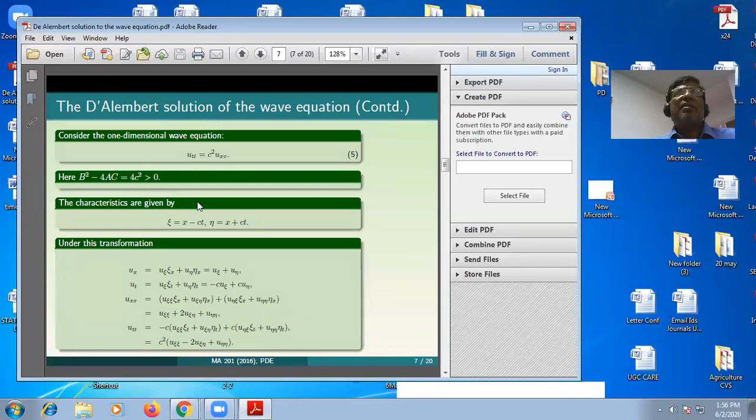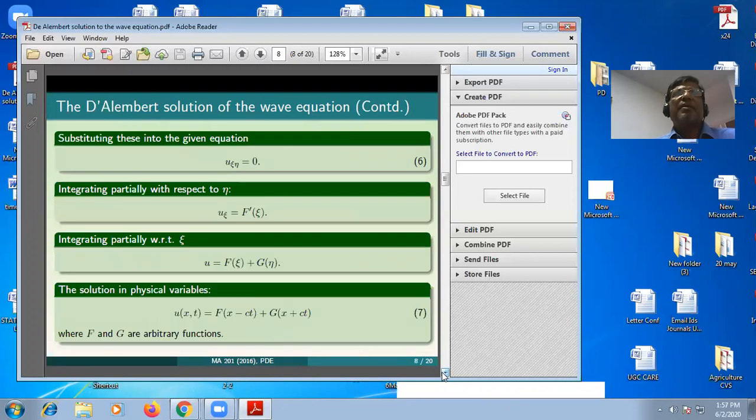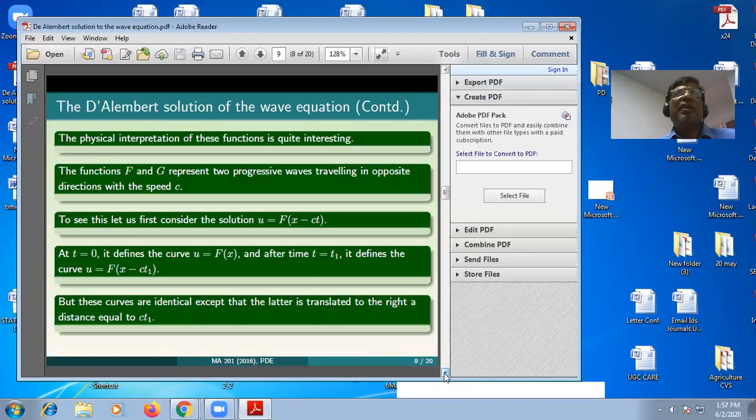The characteristics are given by this result. Under this transformation, we can find this, and substituting these into the given equation, you can find, and integrating partially with respect to eta, you can find this result. I hope this is a very simple integration, so it is possible for you to go through it.